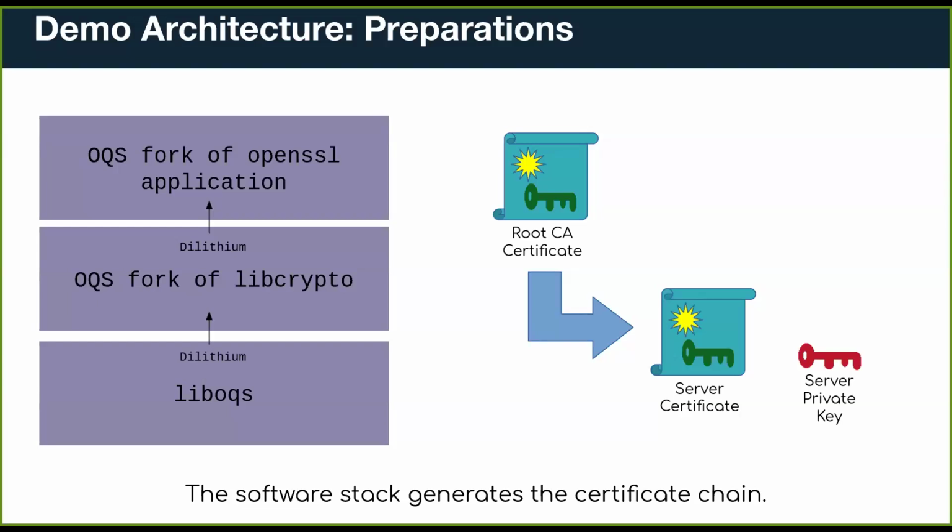The server will be given the server certificate as well as the private key that's associated with the public key inside that server certificate. The root CA will then be given to the client side, which is cURL, and cURL will specifically point to that CA certificate.